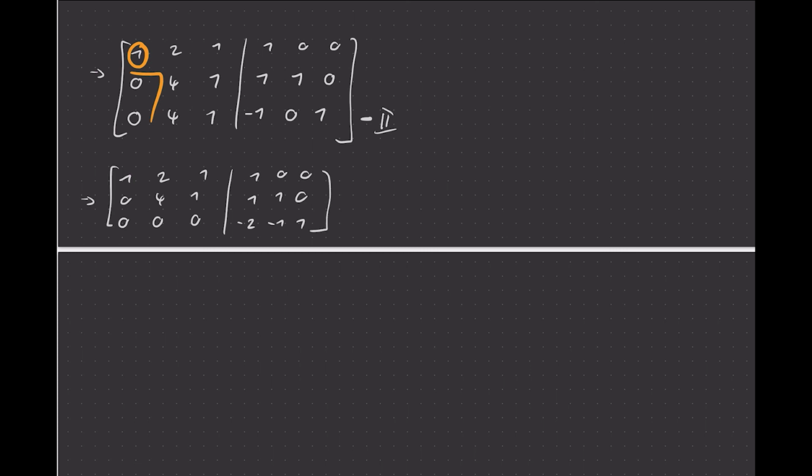But what we can see right now is we now have echelon form on the left. And we can see there is a 0 row. So we only have 2 pivots for a 3 by 3 matrix. That means the rank of A is 2, and that's not 3.